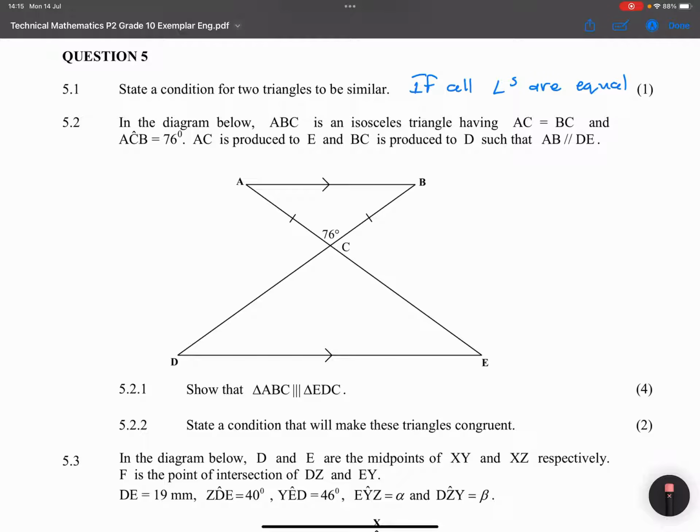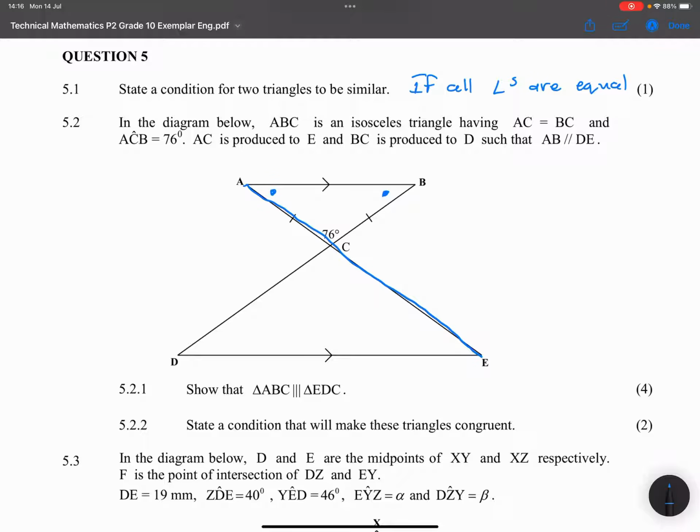So already I know that angle B should be equal to angle C. And they say to us angle ACB is 76 degrees, and AC is produced. When they say a line is produced, it means that if we continue that line, it makes a straight line.